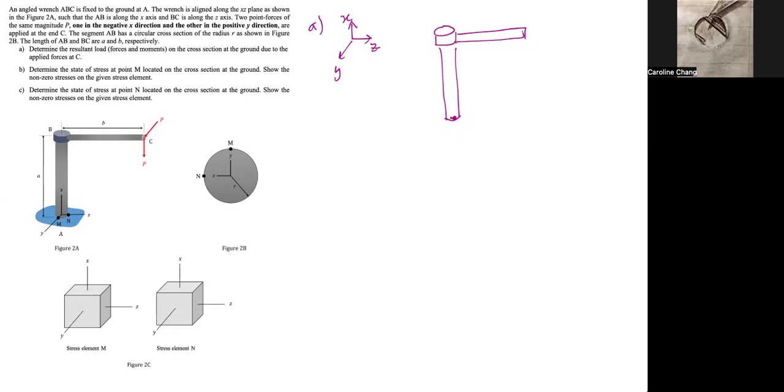Here we are looking at the internal forces because we are looking at the resultant load, including forces and moments on the cross section at the ground due to the applied forces at C. So the applied forces at C, P and P, are the external forces, while the resultant load is classifying the internal reactions at the point origin.